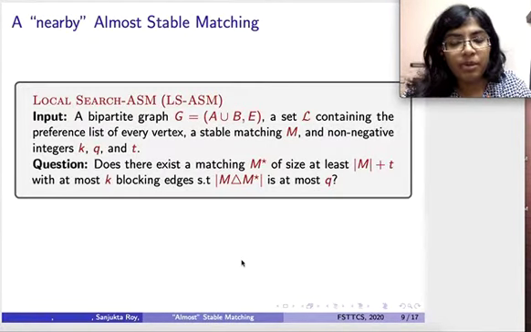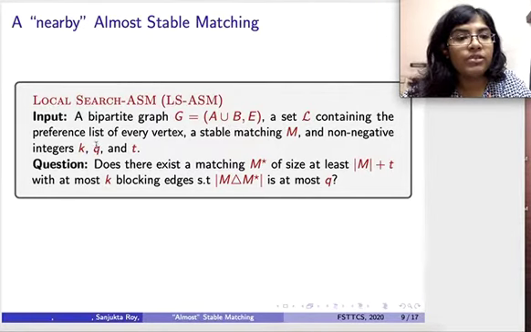So again we define the problem formally. Again the input is the same, the graph A union B, but you have a stable matching given now, which is your favorite stable matching, and you have an extra value Q given.